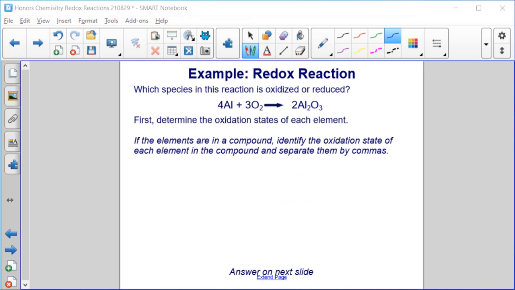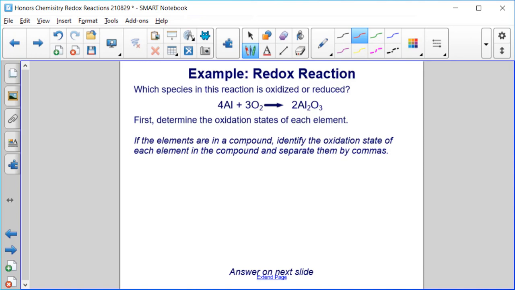All right, let's take a look at an example of a redox reaction. Let's ask the question, which species in this reaction is oxidized or reduced? In order to figure that out, we have to determine the oxidation states for each element. Okay, so let's go through the rules.